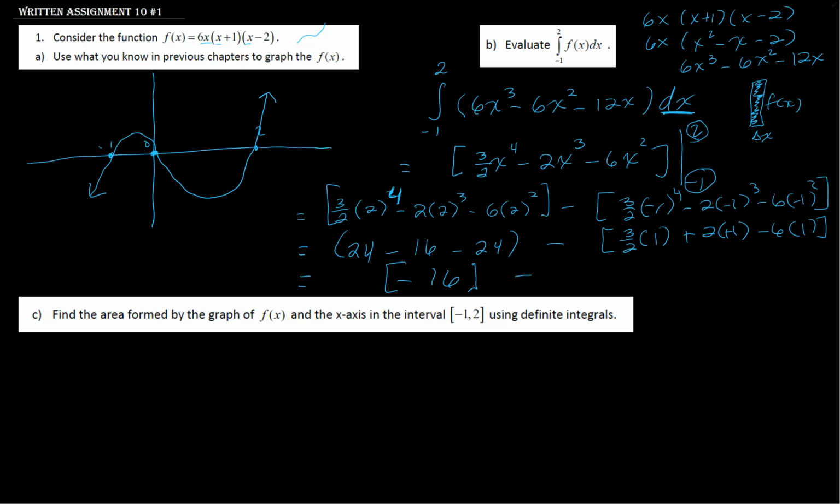So that would be minus a negative 2.5, and minus minus is a plus, and the answer is negative 13.5. So that is the integral. We will say the integral from negative 1 to 2 of f of x dx is negative 13.5.